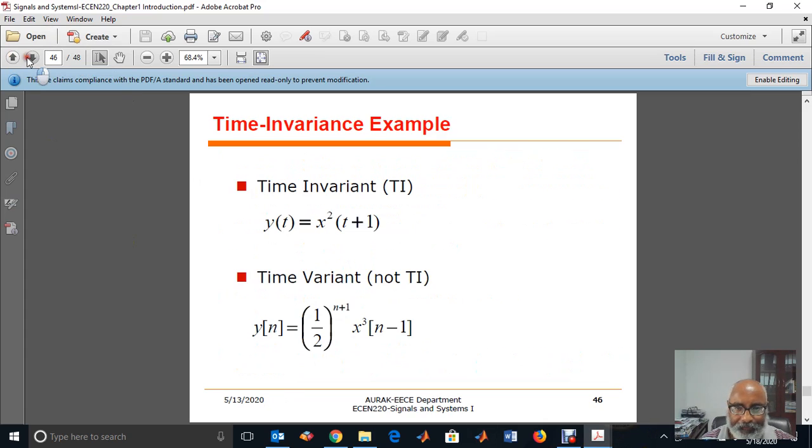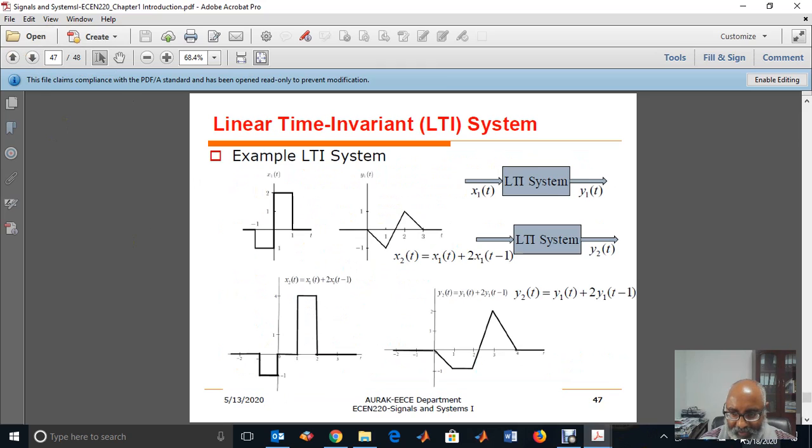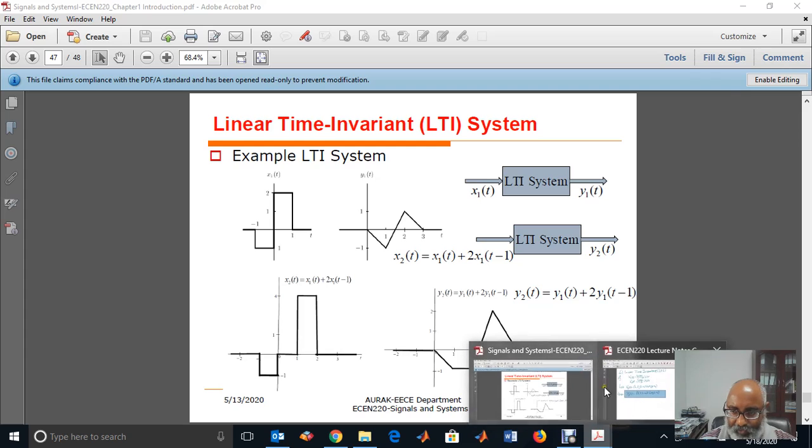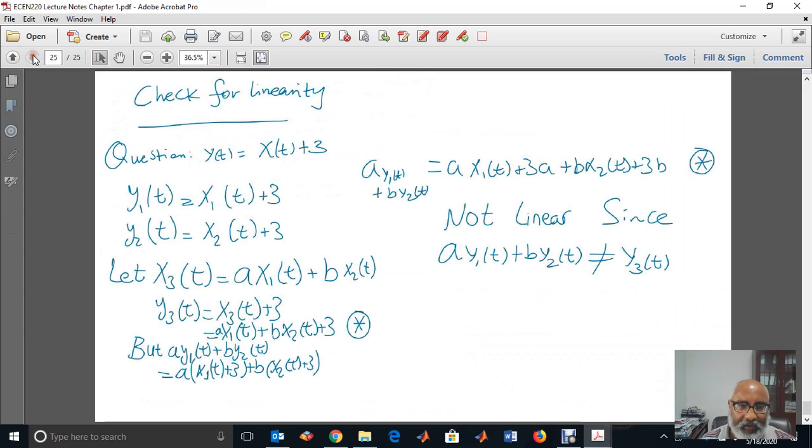So we can do an example also for this. For example, here I have another example, y of t is equal to x of t plus 3.